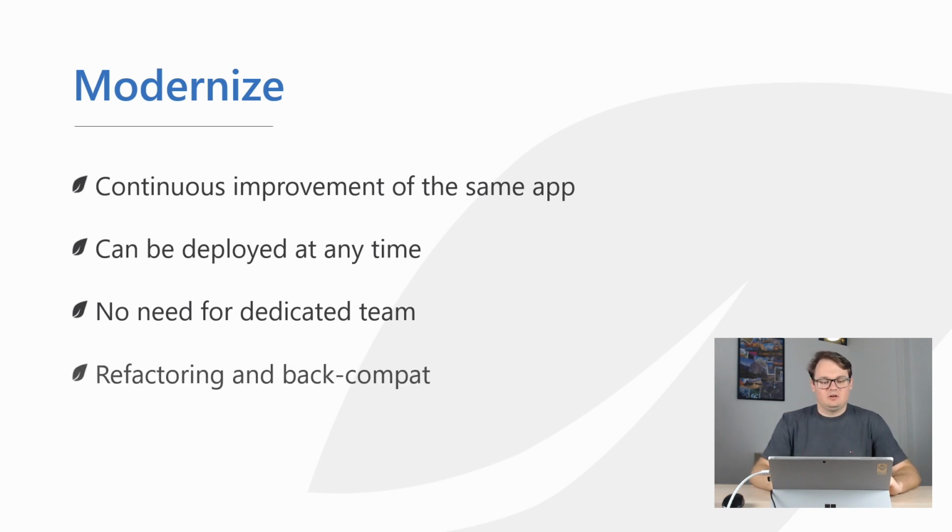modernize the application. And of course, if you try to modernize your application, you should use this also as an opportunity to introduce more refactoring. So if there is some mess in the code base, you should use this opportunity to clean those things.